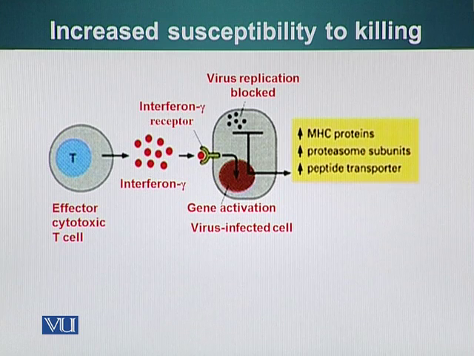For example, these gamma interferon molecules allow cells to increase MHC protein production. They also increase the proteasome subunits, which have the ability to degrade different molecules, and also peptide transporters. When these interferon gamma molecules bind the receptor, they result in gene activation, which results in viral replication blockage using different strategies.